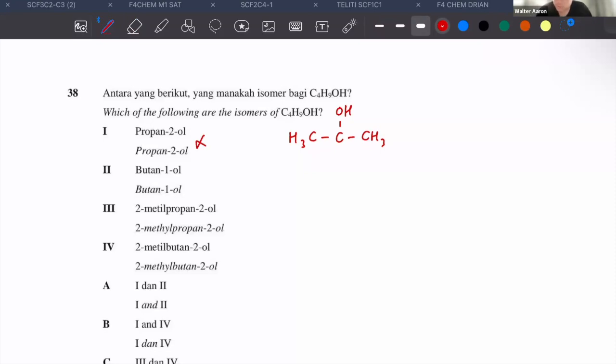Butan-1-ol. So butan-1-ol will be, okay, butan-1-ol.